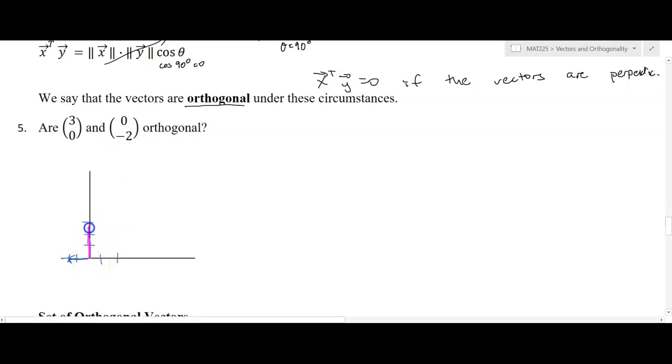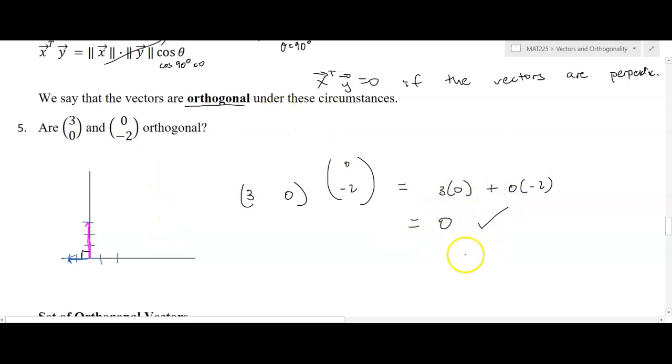And we know that because the axes are perpendicular to one another, this is a right angle. But look at what happens to their dot product. If I dot 3, 0 with 0, -2, and the order in which I dot them does not matter. We have established that as one of the rules. 3 times 0 plus 0 times -2, which is 0. And so therefore, these vectors are perpendicular. And we can see it visually here as well.